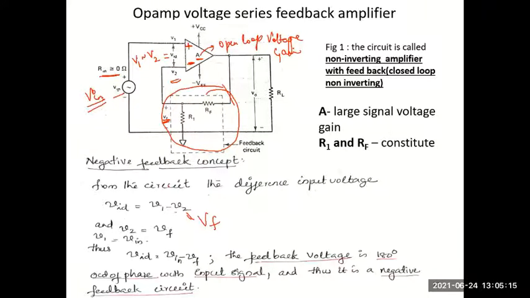Therefore, if I substitute, I'll get VID is equal to, for V1, I'm going to replace it with the input signal. Direct connection it is. V1 is equal to Vin and V2 is equal to what? VF. The feedback voltage is given here, VF, and input voltage is given here. So, V1 is equal to Vin and V2 is equal to VF. This is how we can write.